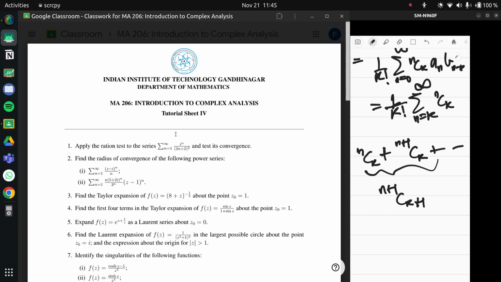Right. Wait, did I mess up something? Why does it look fishy over here? If from n plus 1 people you choose k plus 1 people, then either you could not have me, in which case you just have n people from which you're going to choose k people, or you could have me, in which case you still want to choose k people, but oh sorry, oh no, the correct identity is this thing, sorry for that.